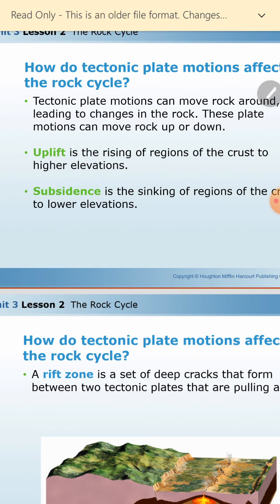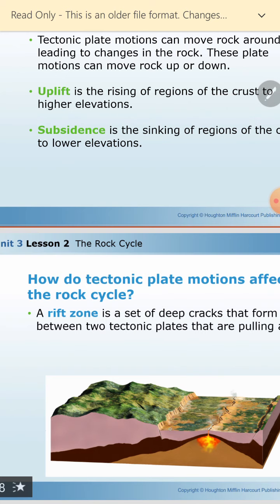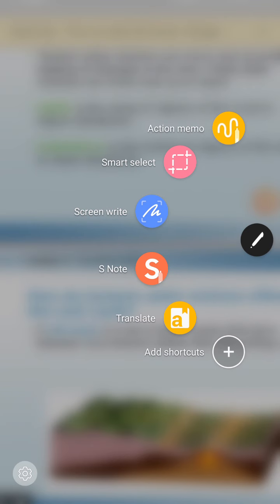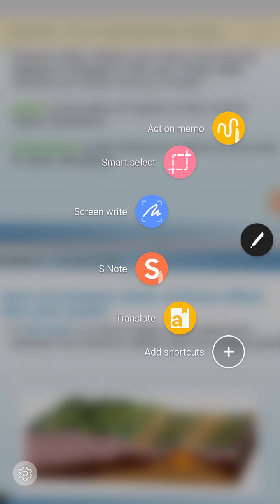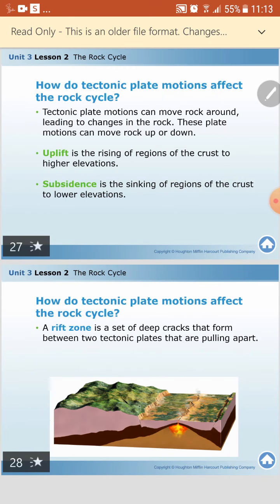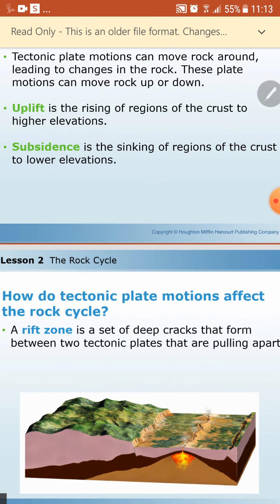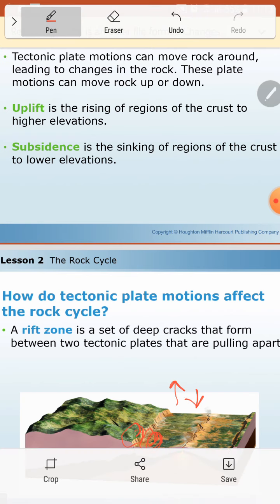Even in the book, they didn't show the uplift and the subsidence separately, but from this picture, as you see, here we can say this is uplift, here is subsidence, uplift that raises up with subsidence that sinks down.